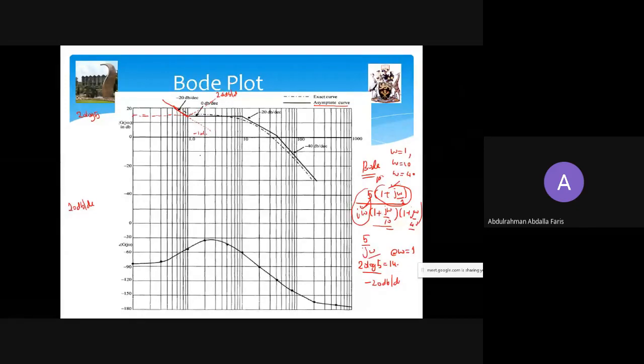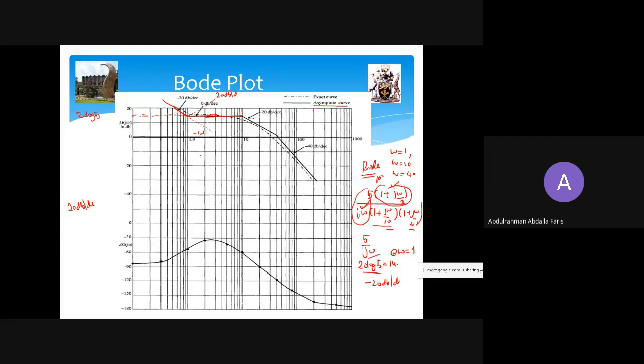So this is 20 dB and that is minus 20 dB. 20 minus 20 is what? It's 0 dB per decade. It's a straight line. It doesn't have gradients. Yes, 0 dB per decade, not a 0 dB line. So we have that one.